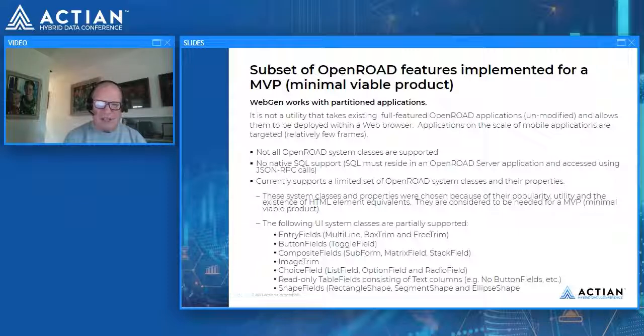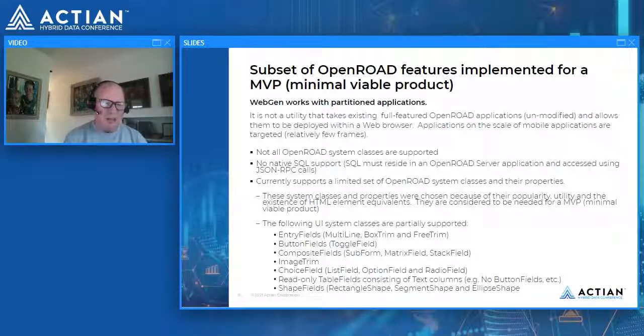And just a little bit more, certain UI elements that you see in OpenROAD applications, which are very powerful and very complex, things like tree views and list views, are in OpenROAD based on the Win32 API. To make them work in a web browser, we'd either have to find a package that does something equivalent, and there are a lot of third-party packages for JavaScript, or implement it ourselves.